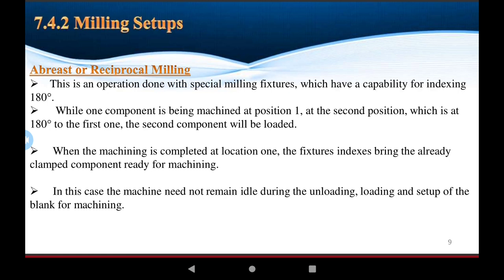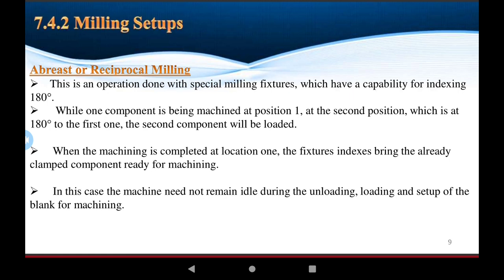When the machine completes one location, it completes the operation and moves to the other location. The fixture indexer begins with the component already clamped and ready for machining. When one operation is complete, the machine performs on the work and the second position is loaded. The main objective of the operation is that the idle time of the machine is zero.